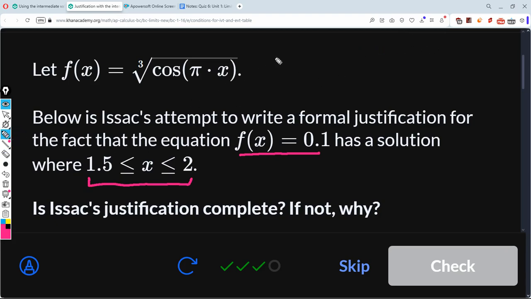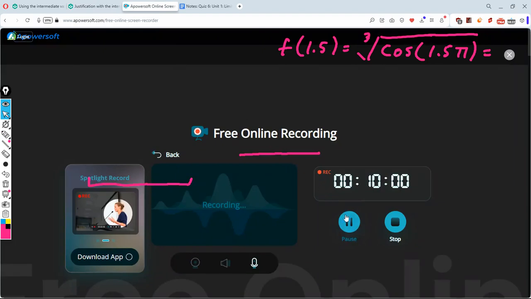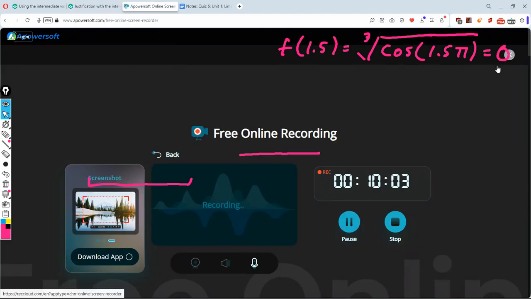All right, so f of 1.5 is going to be the third root of the cosine, and we're plugging in 1.5, so it's 1.5 pi. Let me go to my calculator, make sure it's set to radians. Okay, and I get 0.